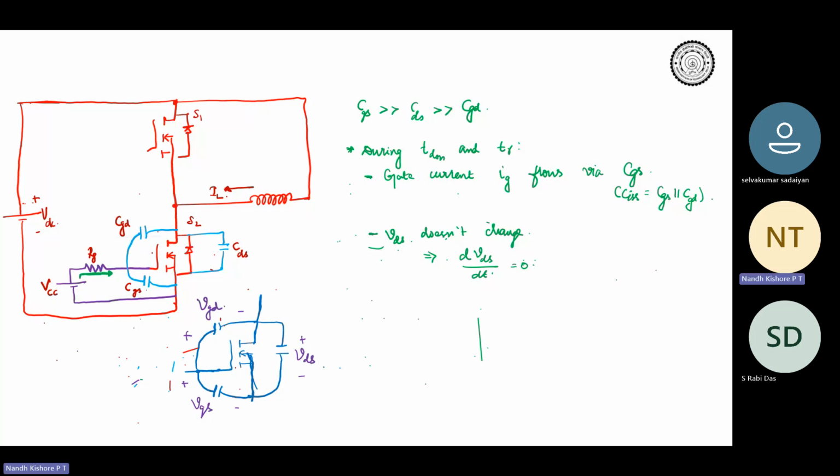Okay, so can you tell me the KVL equation of VGS? How will you write VGS in terms of VGD and VDS?